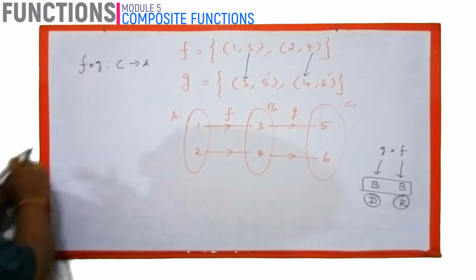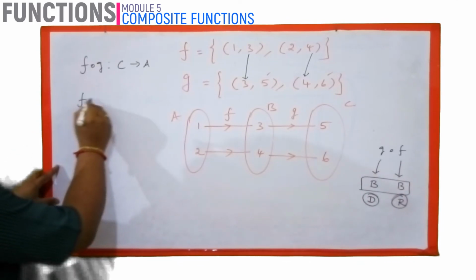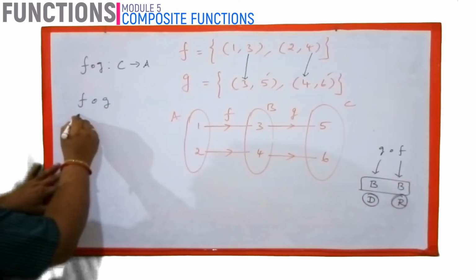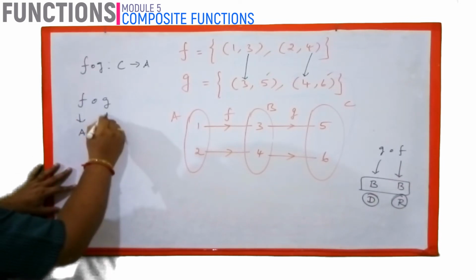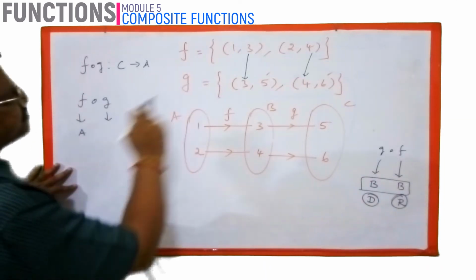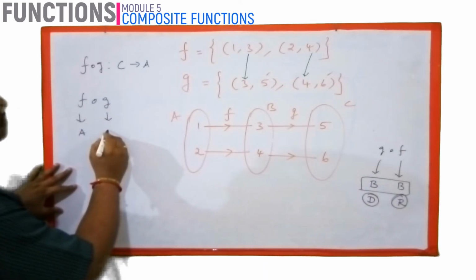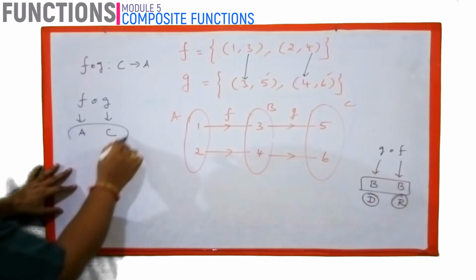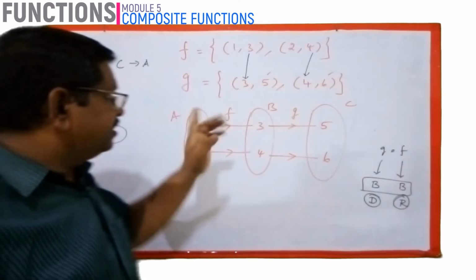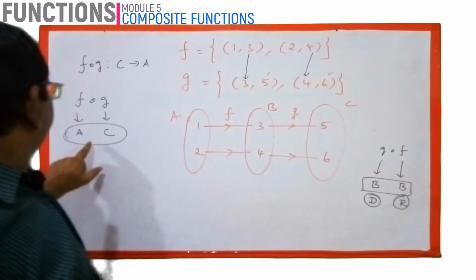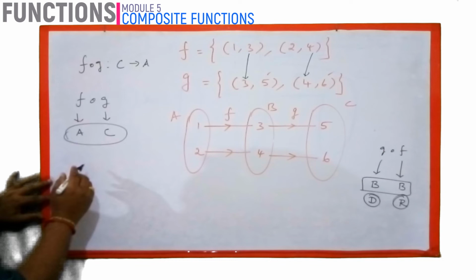Similarly, if you are finding f composite g, what must be the same? The domain of f, that is A, and the range of g. What is the range of g? The range of g is C. These two must be the same. Check it. What is the domain of f?